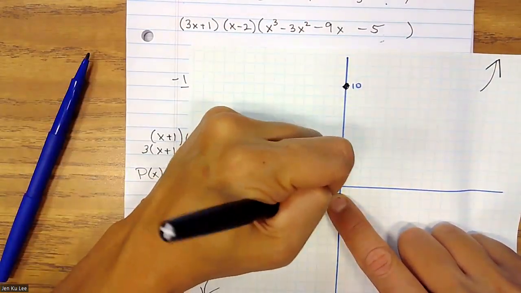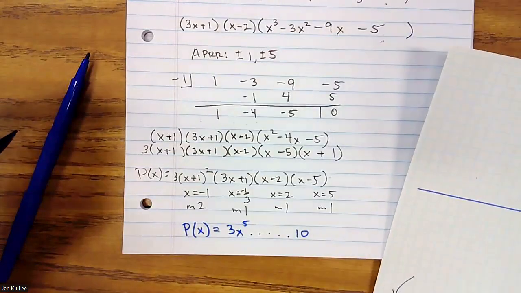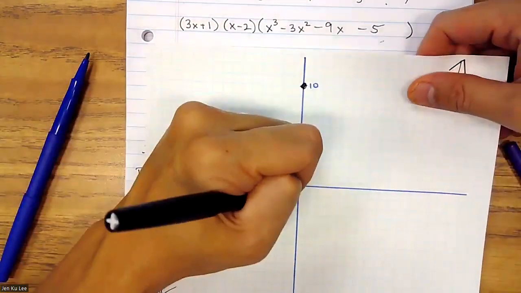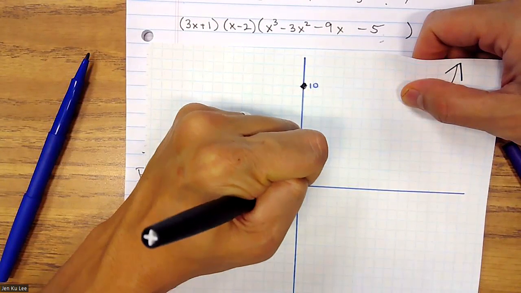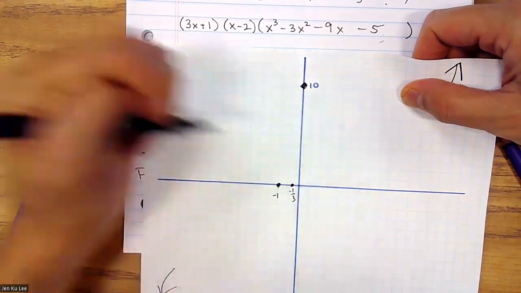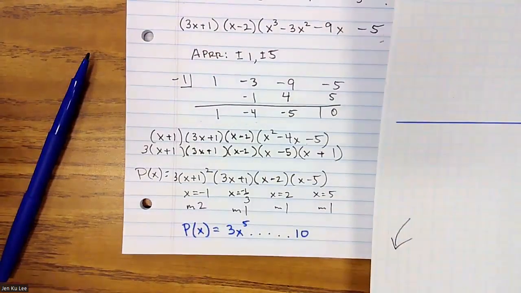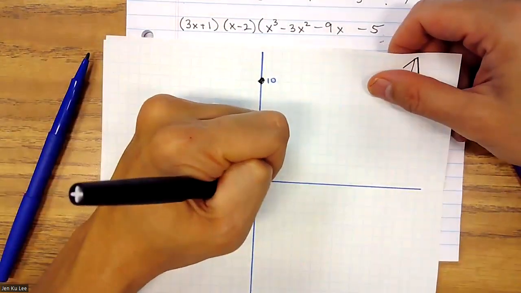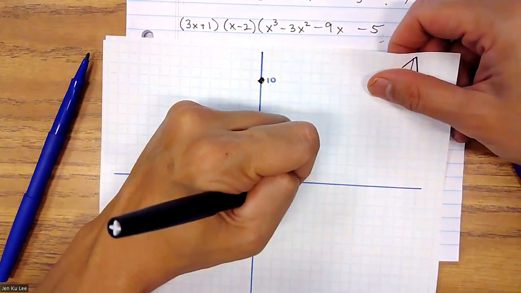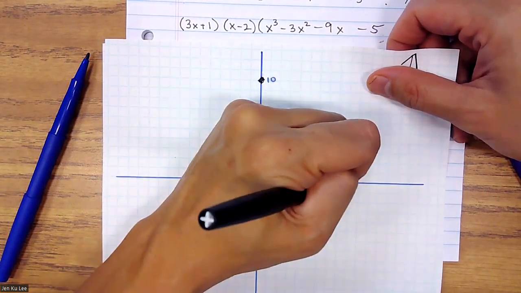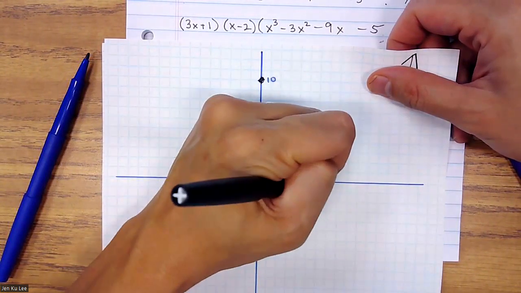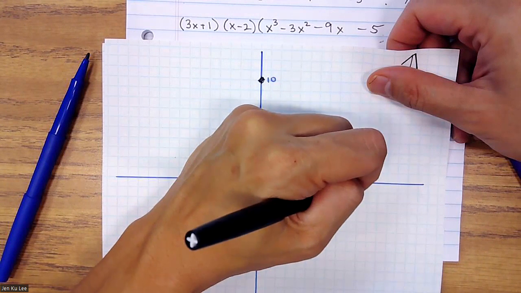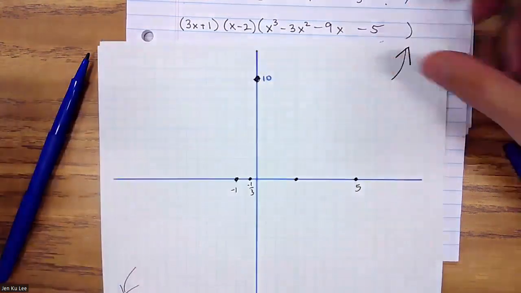Okay. So that's negative 1 right there. Negative 1/3 would be like here. Negative 2 or positive 2, 3, 4, 5. 5 will be there. Okay?